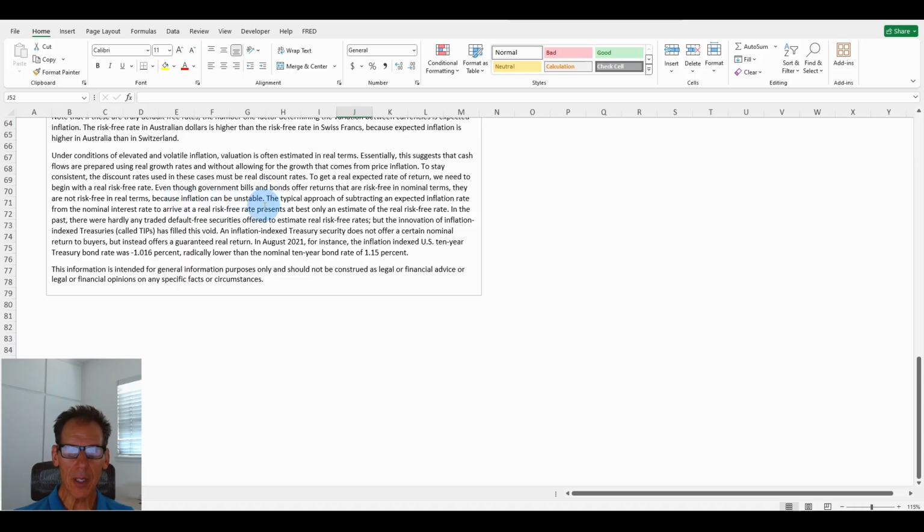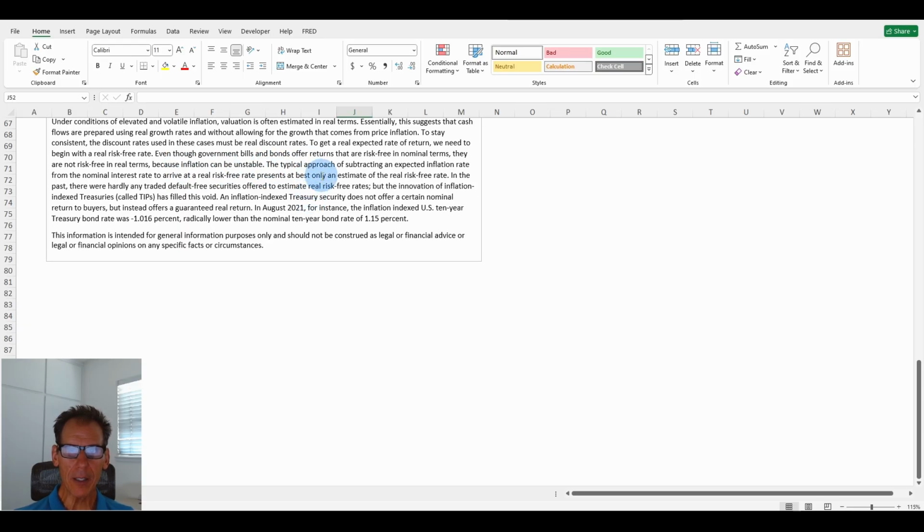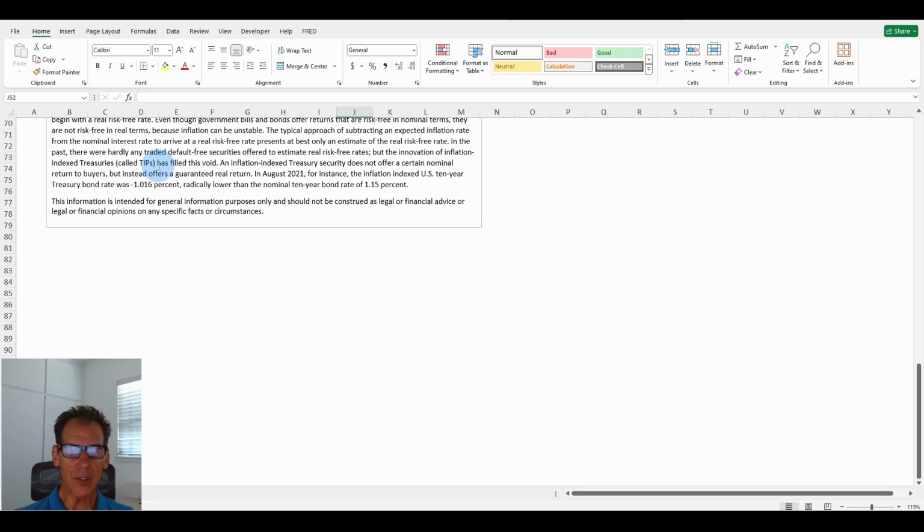The typical approach of subtracting an expected inflation rate from the nominal interest rate to arrive at a real risk-free rate presents, at best, only an estimate of the real risk-free rate. In the past, there were hardly any traded default-free securities offered to estimate real risk-free rates, but the innovation of inflation-indexed treasuries, called TIPS, has filled this void.